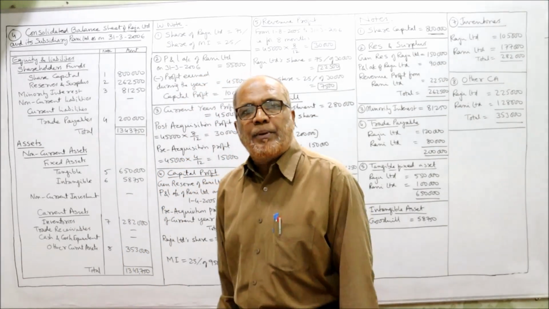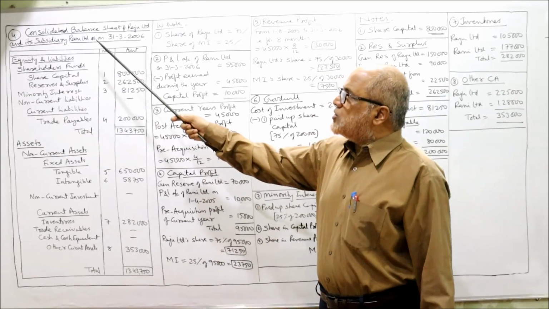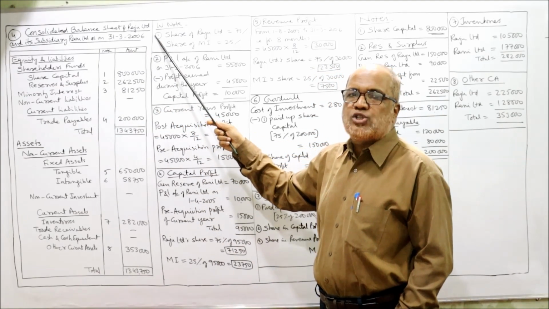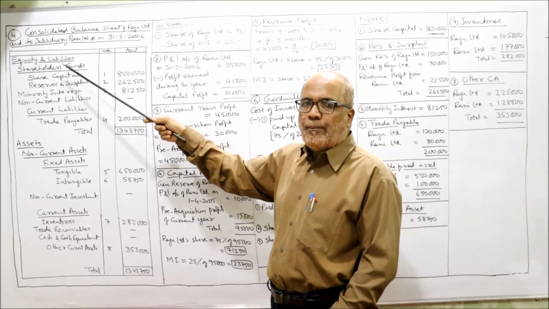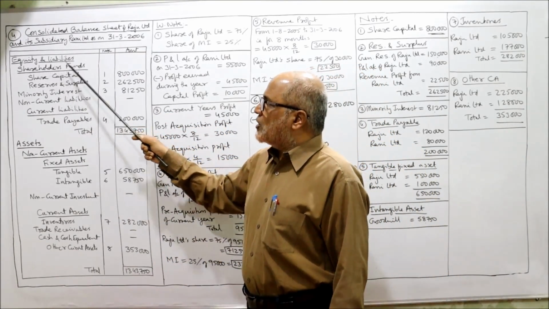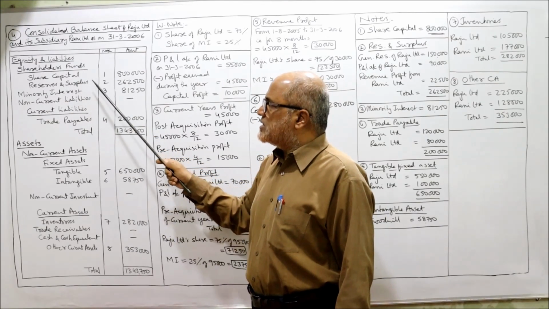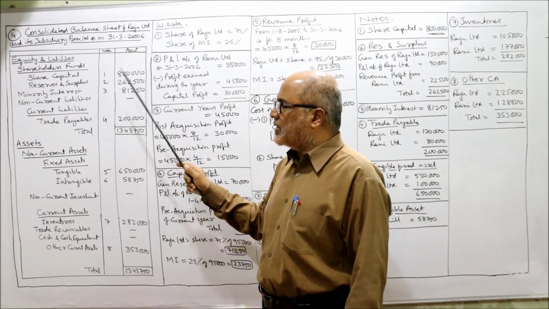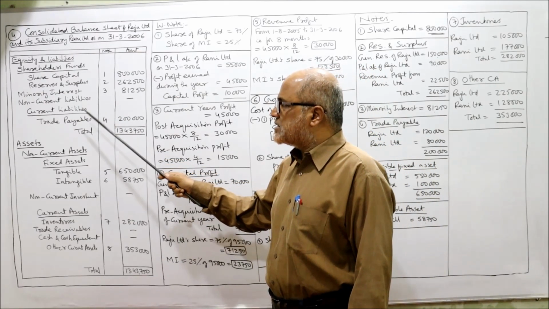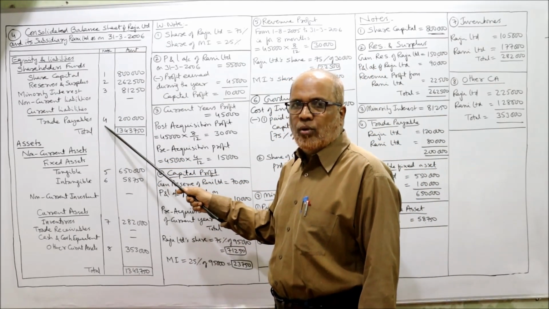Now we'll prepare the balance sheet. Consolidated balance sheet of Raju Limited and its subsidiary Rani Limited as on 31st March 2006. First, we'll make the blank balance sheet as usual. Equity and liabilities, shareholders' funds, share capital number 1, reserves and surplus number 2, minority interest number 3. Then non-current liabilities, current liabilities, trade payable number 4.